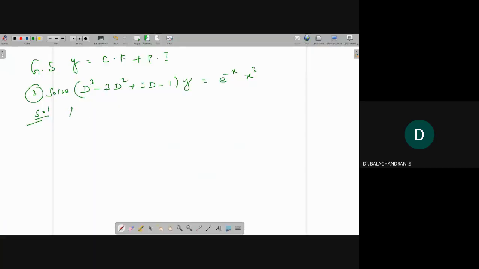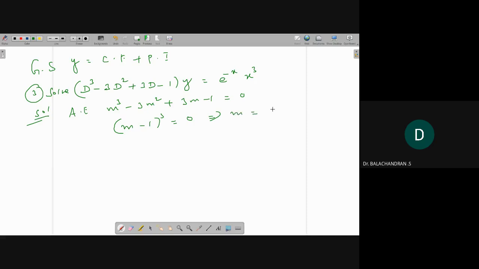So what is the auxiliary equation first? m cube minus 3m square plus 3m minus 1. Okay. Find out the roots. You can write this as m minus 1 whole cube equal to 0. Check it: a cube minus 3 a square b plus 3 a b square minus b cube, so this is m minus 1 whole cube, that is a minus b whole cube.